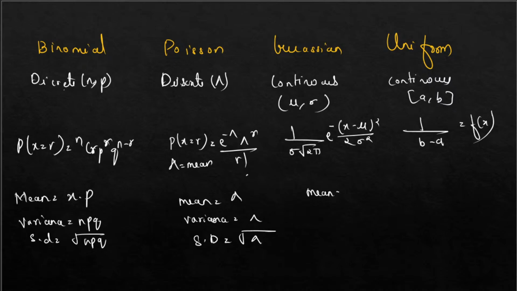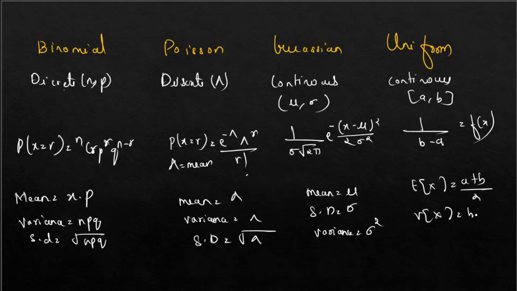Here mean is mu, SD is like this, and variance is sigma square. After that, here E of x is (a plus b) by 2. Here variance of x is (b minus a) square by 12, and here standard deviation is root of V of x. So you all can note this.